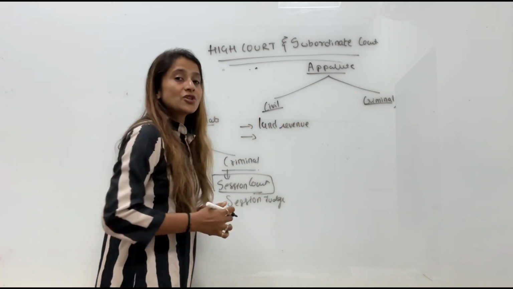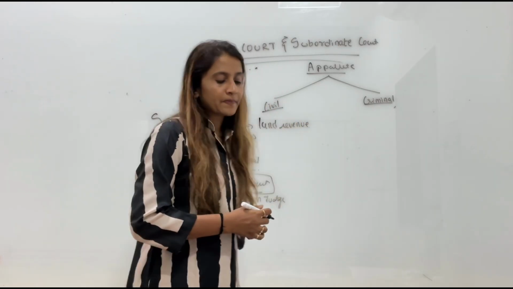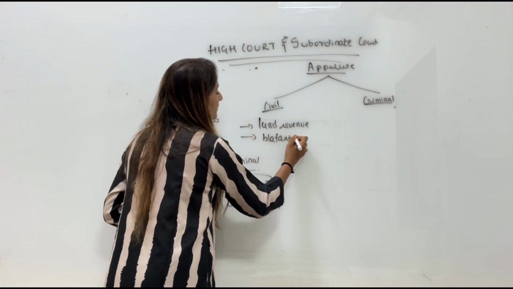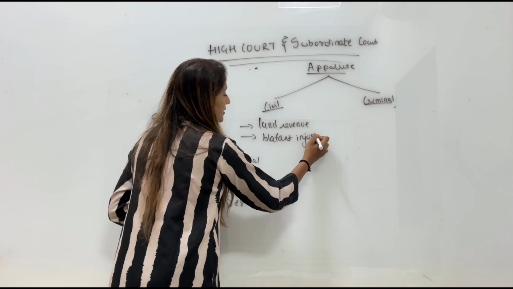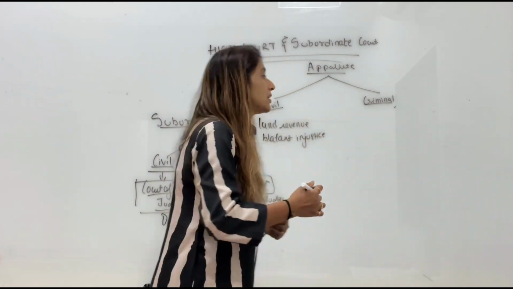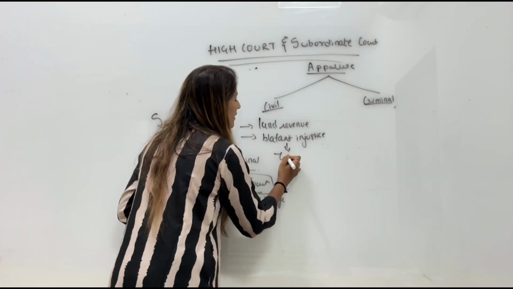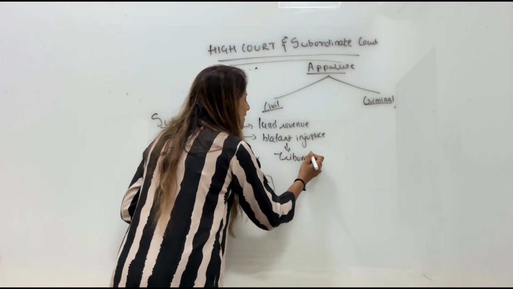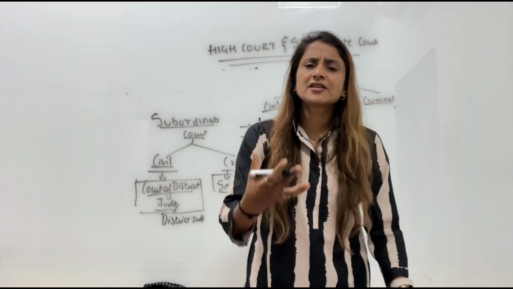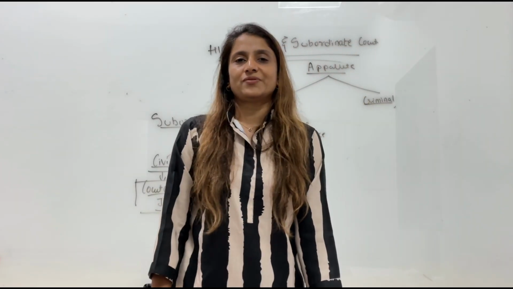The second situation when you can appeal is where blatant injustice has been committed by a tribunal. It means a very obvious, clear and harsh injustice has been done by a judge.